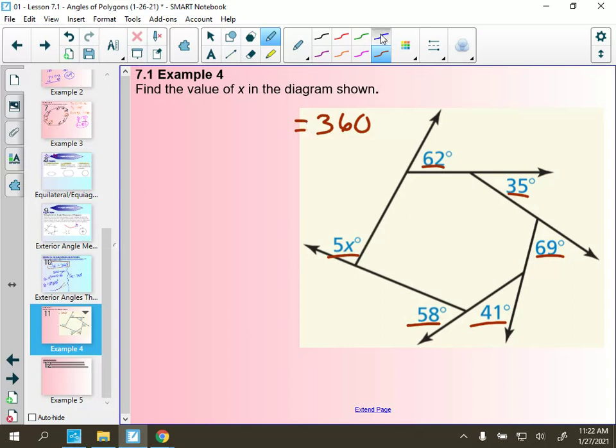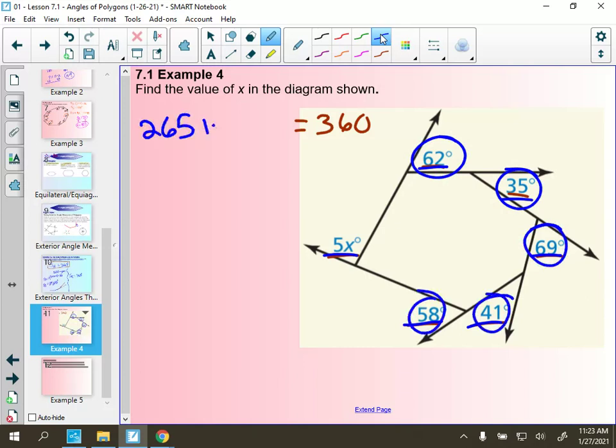I already underlined it, but 62 plus 35 plus 69 plus 41 plus 58 plus 5x. Oh darn it, I had an extra plus on there that I didn't mean to have. 265. So the actual number values all came together to be 265.